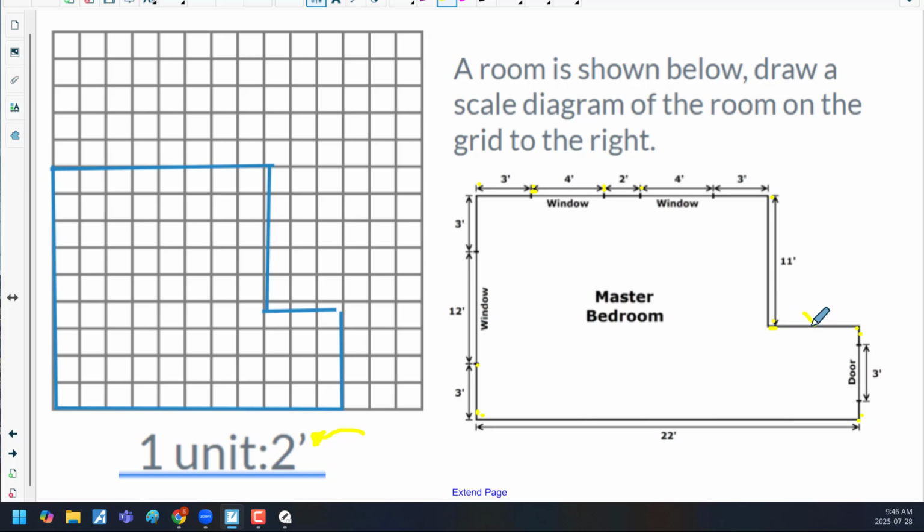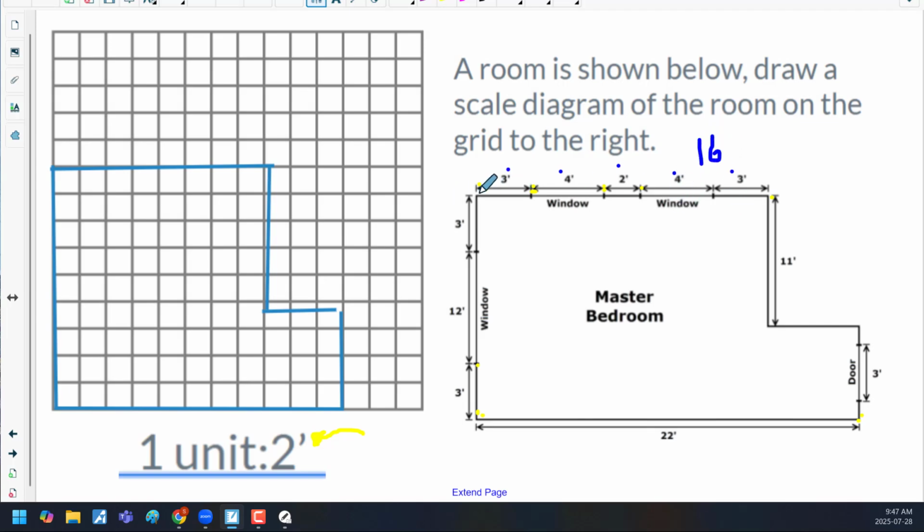Now, how do we figure out this invisible part here? Well, if you did grade 10 math, which everyone should have, it's very simple. We can add these numbers here: 3 plus 4 is 7, plus 2 is 9, plus 4 is 13, and 13 plus 3 is 16.